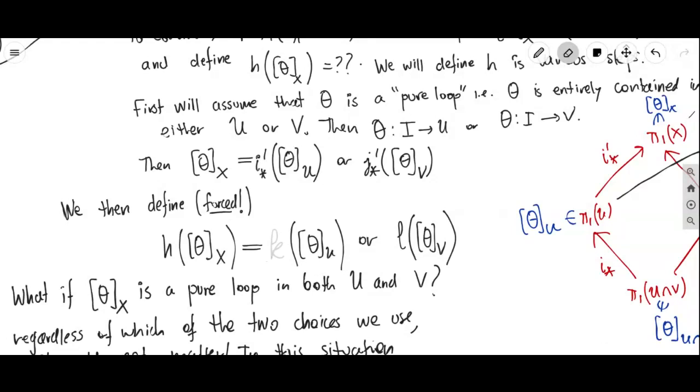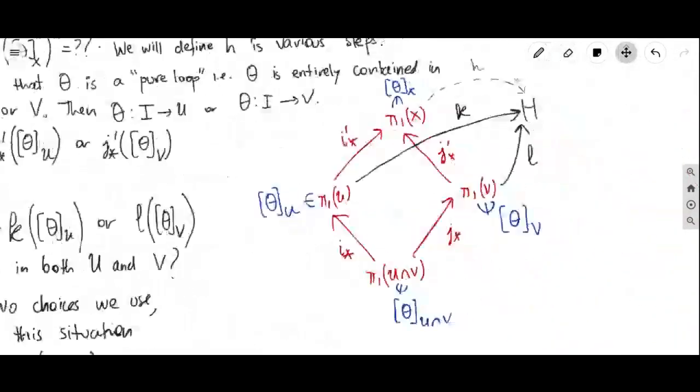So this is a homomorphism and that is a homomorphism. So H is being defined in terms of other homomorphisms. So the reason why you know it's a homomorphism is actually quite simple. It's just the fact that K and L are homomorphisms. But the part that is more subtle is how the H is actually defined.